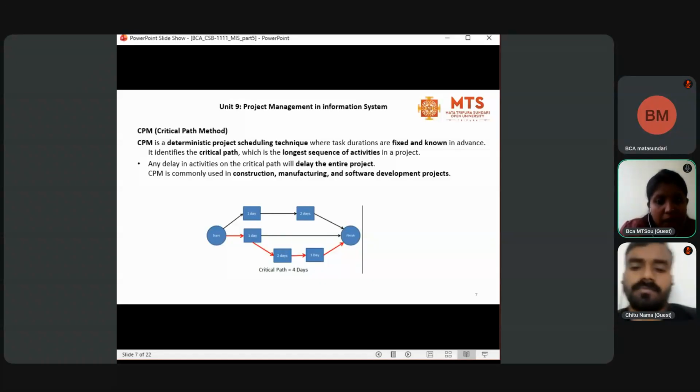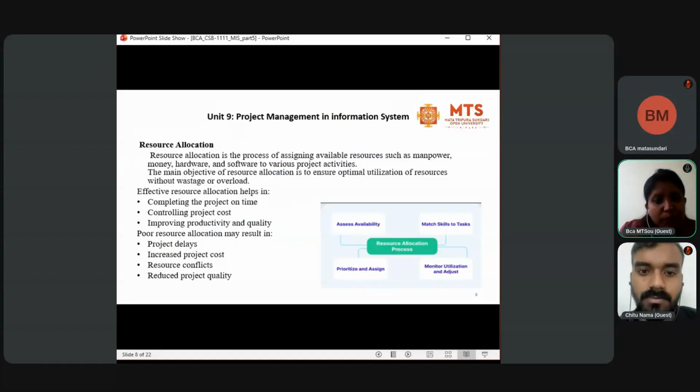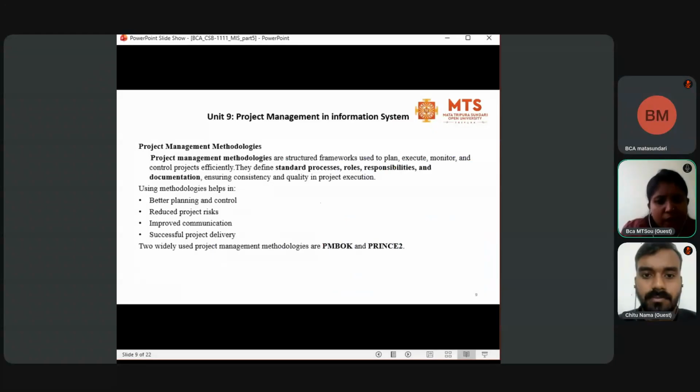Then what is project management methodology? It is a structured framework used to plan, execute, monitor, and control projects efficiently.